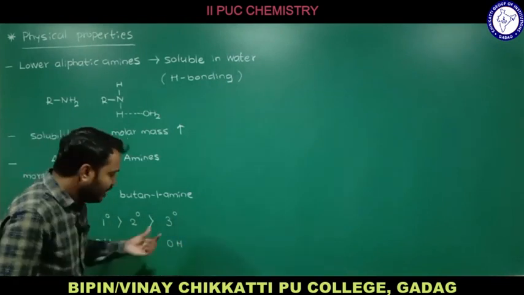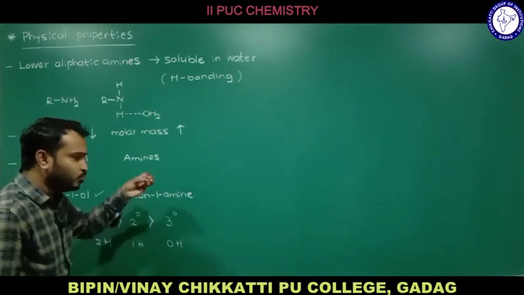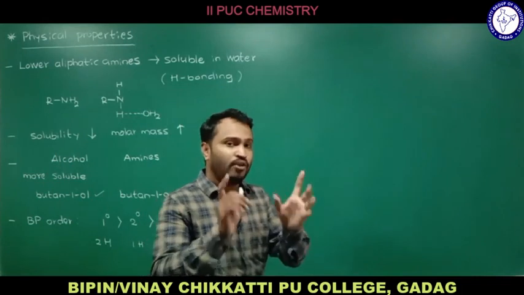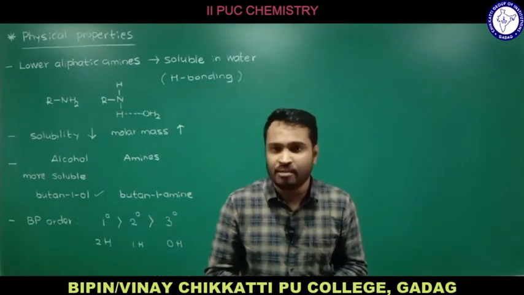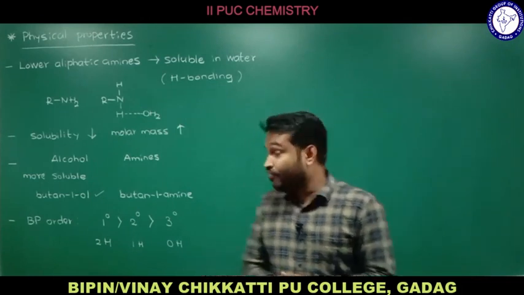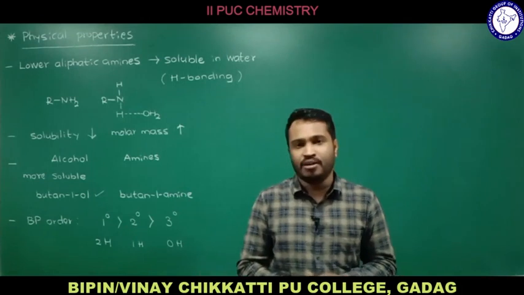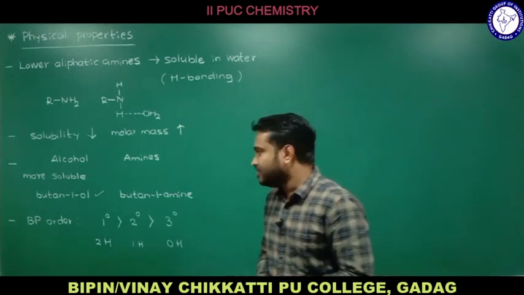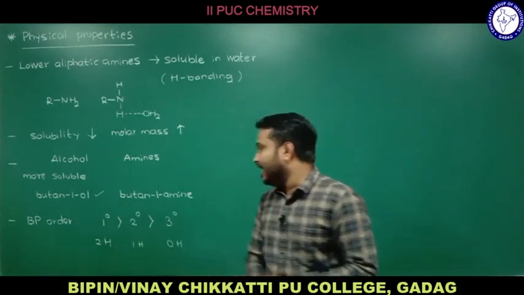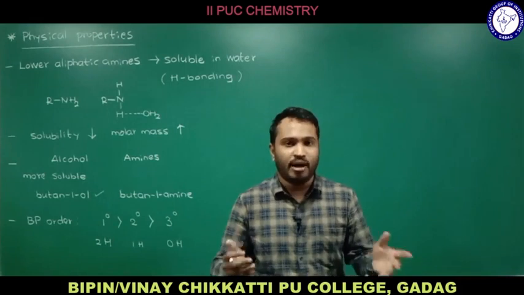So the boiling point of a tertiary amine is very low, because with no hydrogen there is no chance of intermolecular hydrogen bonding, whereas intermolecular hydrogen bonding is greater in a primary amine. Because of that, the boiling point order is primary amine, secondary amine and tertiary amine. So this is all about the physical properties of amines.